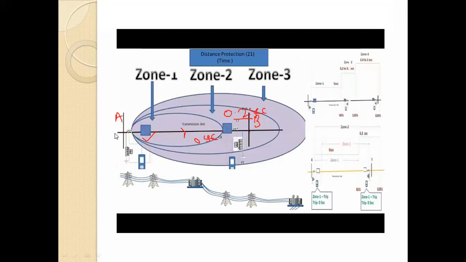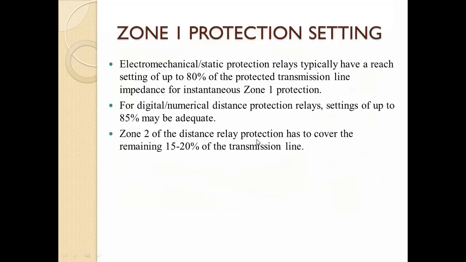Actually we are considering only section A to B, but this B is up to 120%. Beyond this, when a fault occurs, that is nothing but your backup protection. When all these two systems fail to operate, this will act as a backup protection.